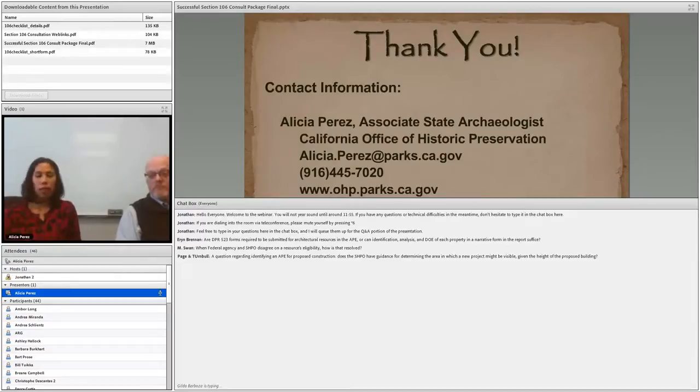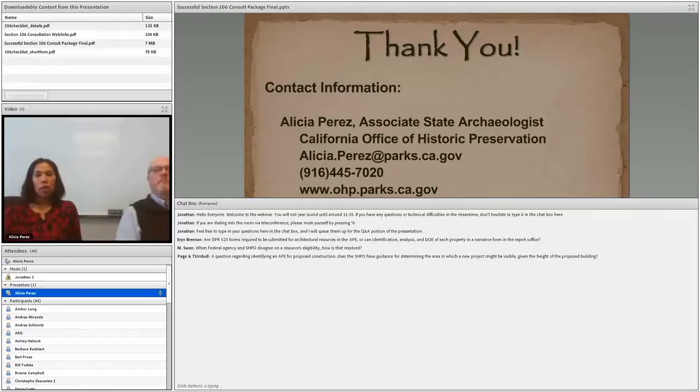So, for instance, going back to talking about the current land use within the APE, a 2-foot vertical depth in a built environment that may already have previous ground disturbances to a 2-foot depth, then efforts to do a subsurface analysis probably wouldn't be necessary.